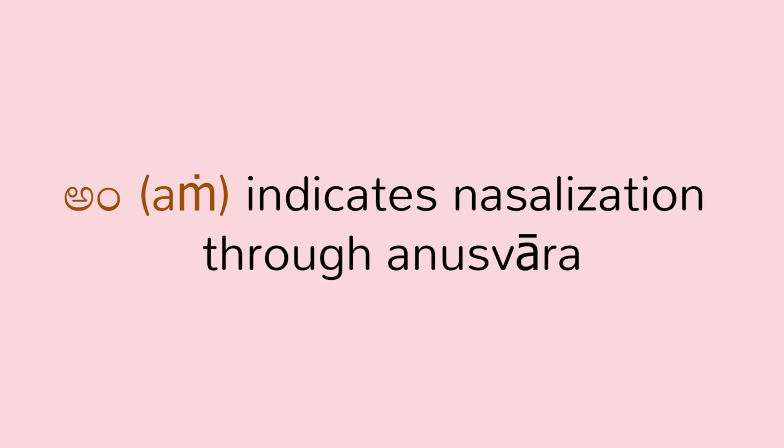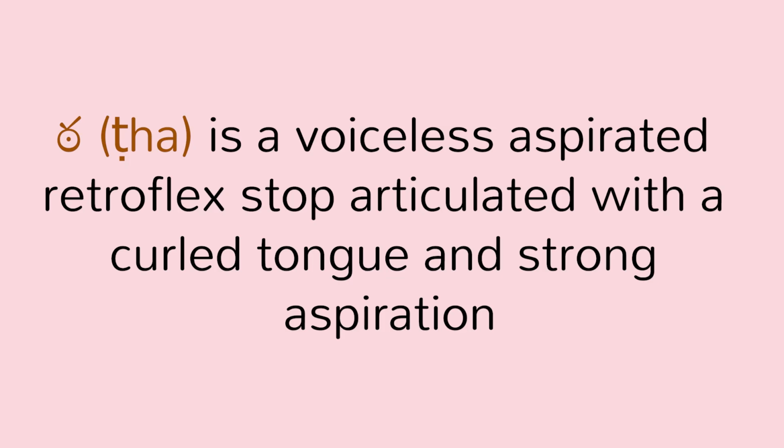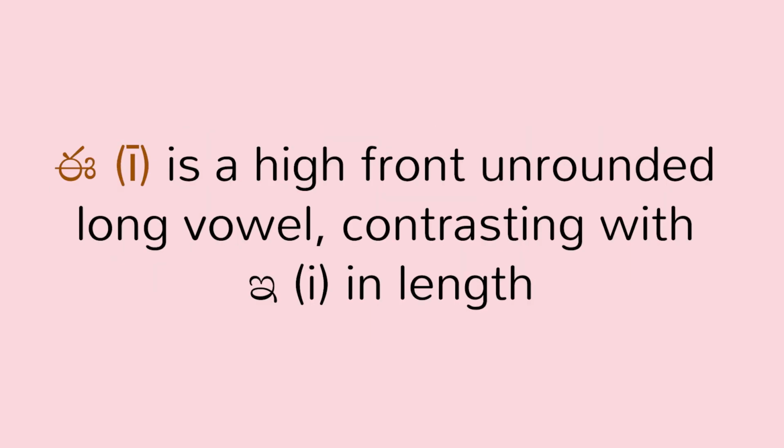It indicates nasalization through anuswara. Ra is a voiced alveolar trill or flap. Ta is a voiceless aspirated retroflex stop articulated with a curled tongue and strong aspiration. E is a high front unrounded long vowel, contrasting with E in length.